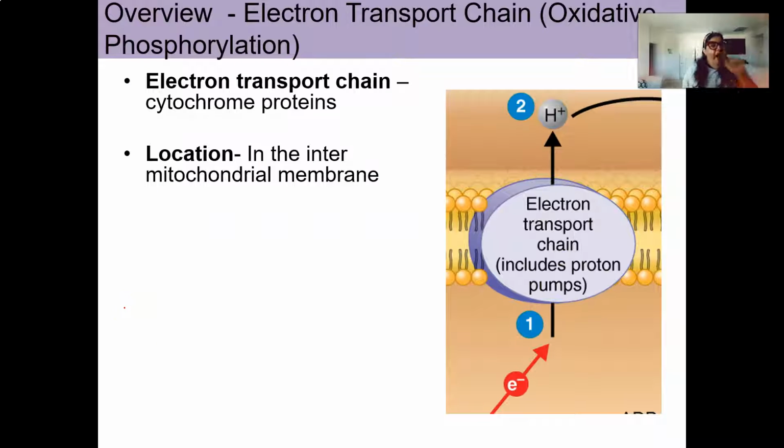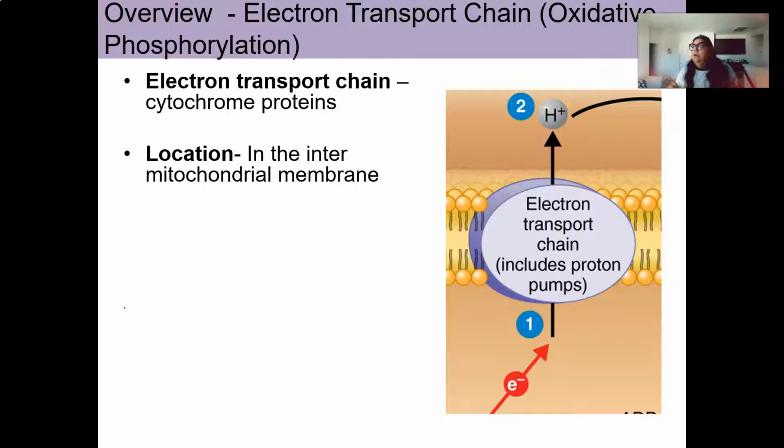So this is a quick overview of the electron transport chain, which you might have heard or might hear known as oxidative phosphorylation. There's that word again, oxidative. What does oxidation mean for electrons?